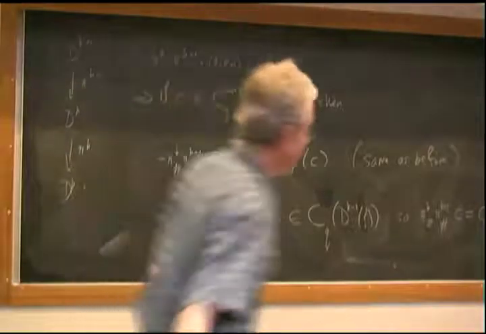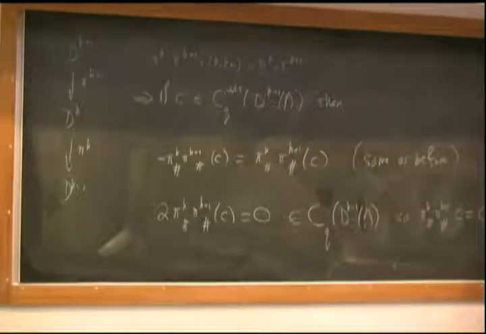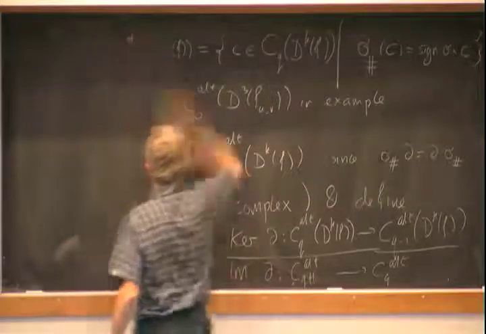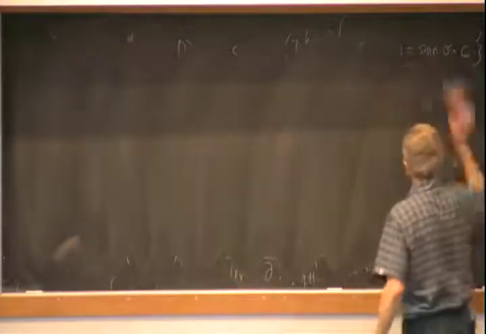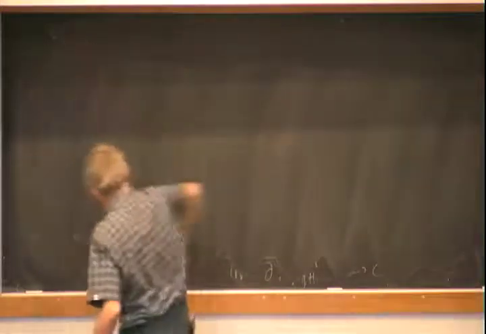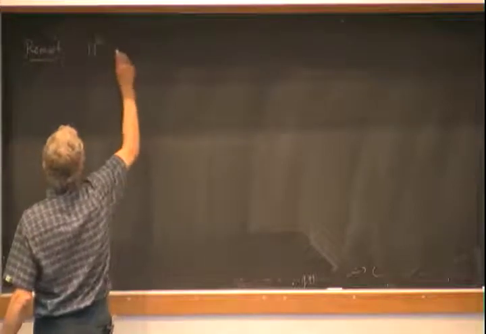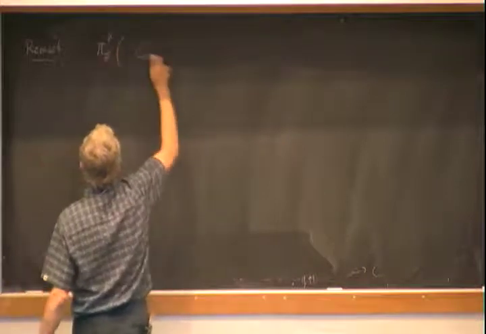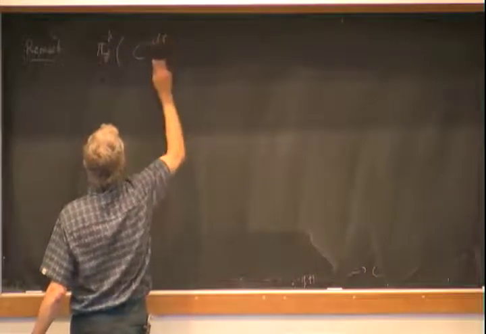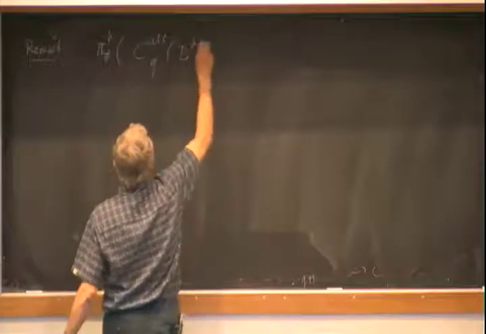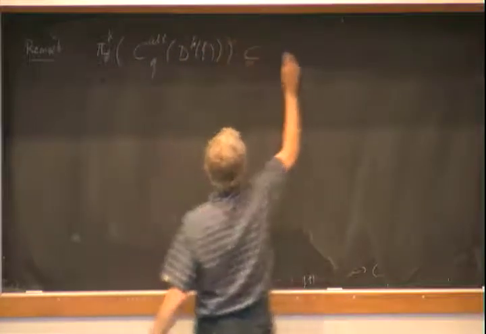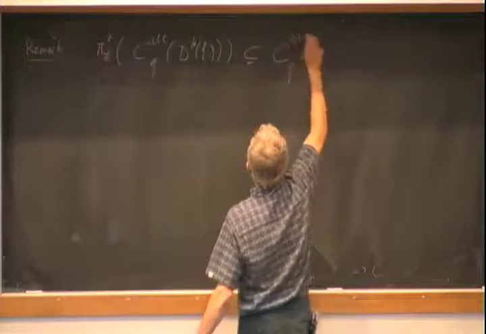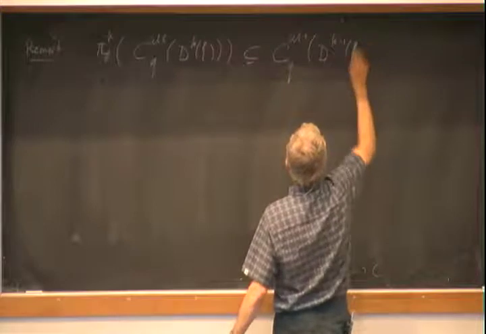So let's just look for a minute at what we've constructed. I should make a remark at this point, and that is that pi k lower sharp of the alternating chains of dk f is contained in CQ alt of dk minus 1 f.